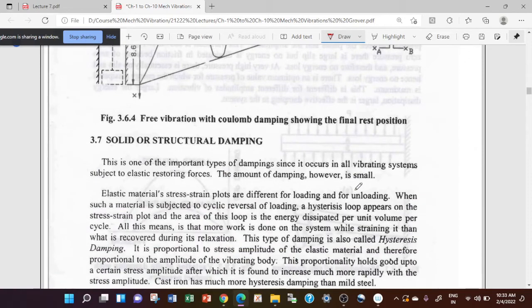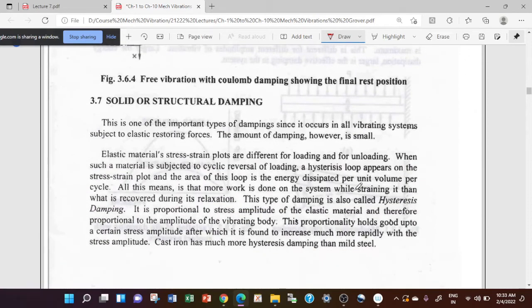Now next is your solid or structural damping. This damping is also known as elastic damping. It can also be called hysteresis damping.